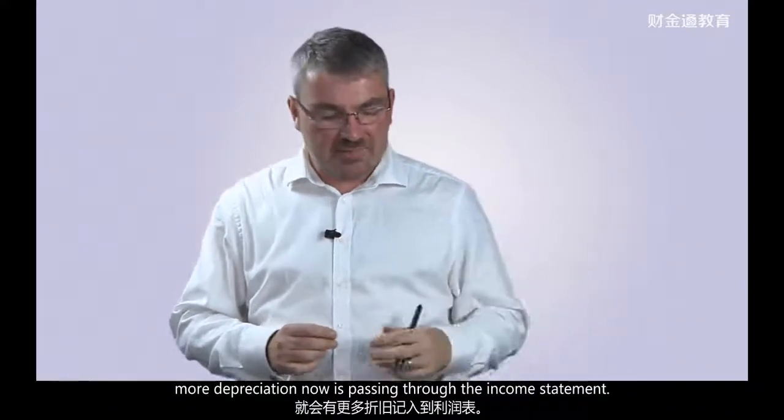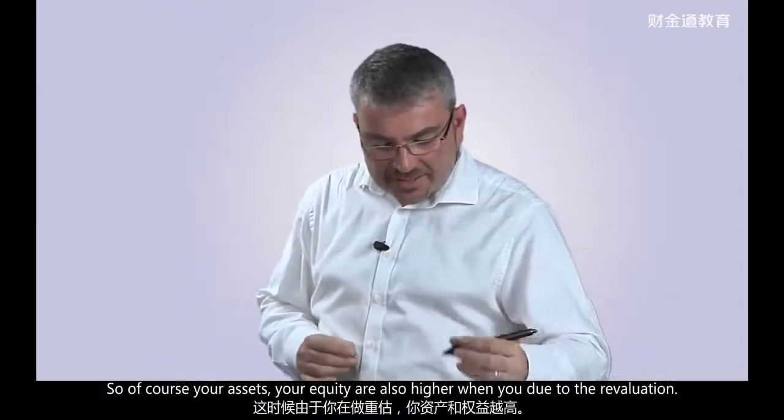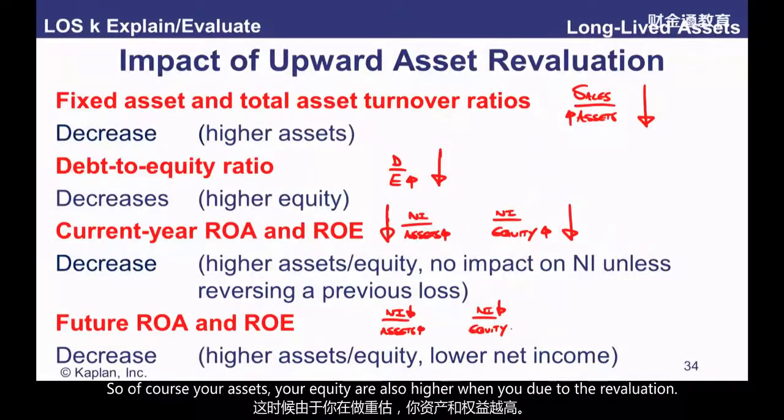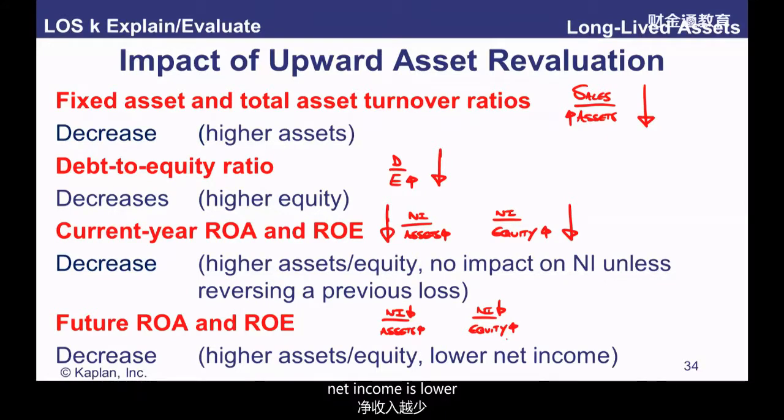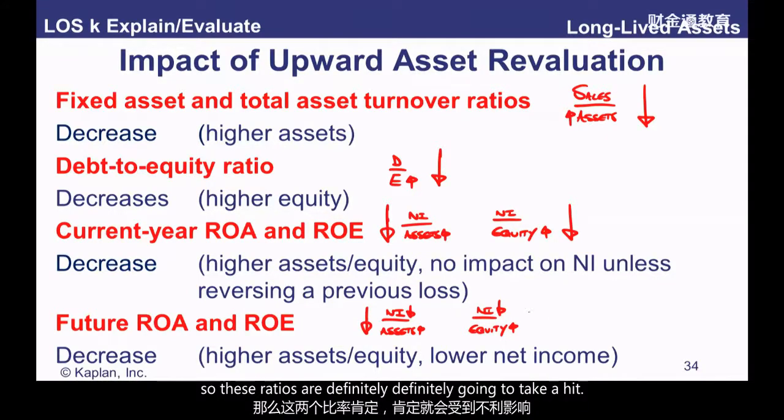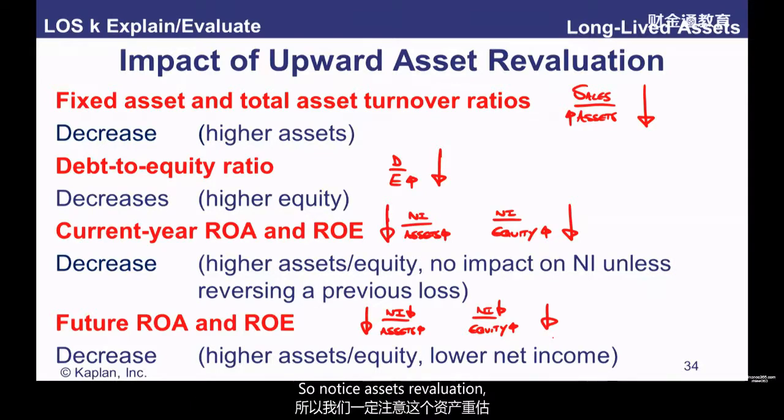More depreciation now passing through the income statement. So, of course, your assets and your equity are also higher due to the revaluation. Net income is lower, so these ratios are definitely going to take a hit. So notice asset revaluation, quite nicely, a leverage ratio reduces leverage. Not so great for asset turnover or return on assets and return on equity.